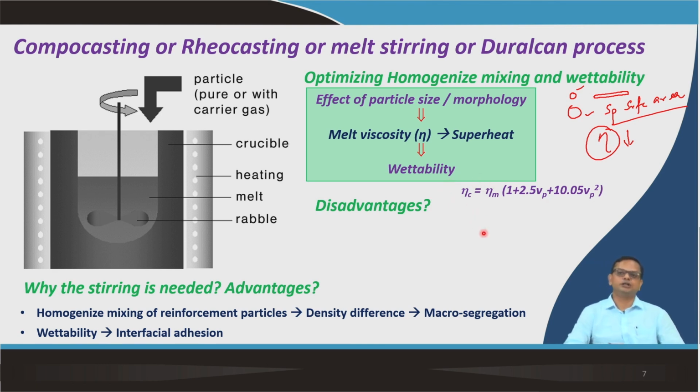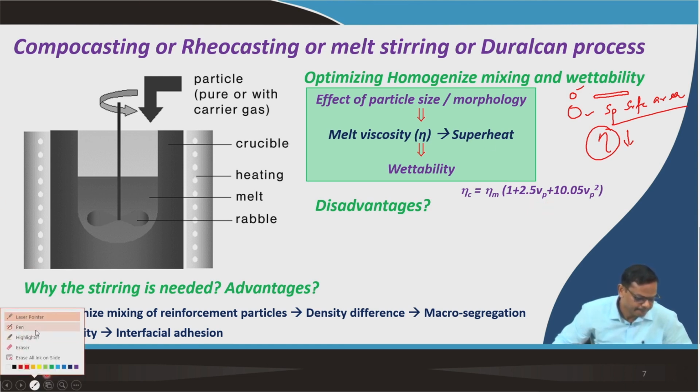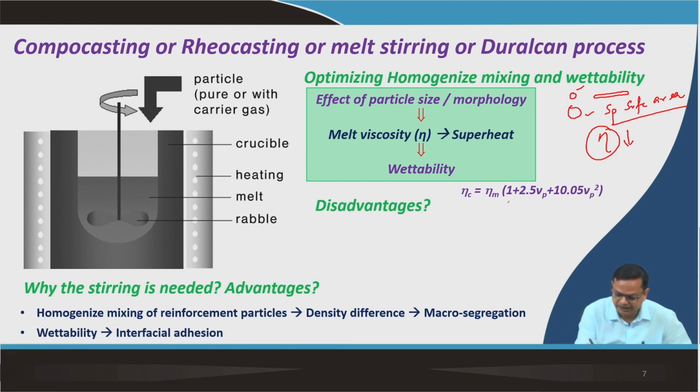So, we have to take care of certain factors. One is the size of the particle, so if I write it down, the diameter of the particles, large or small.